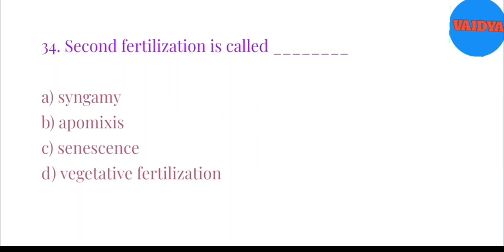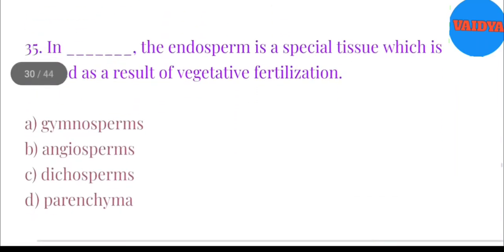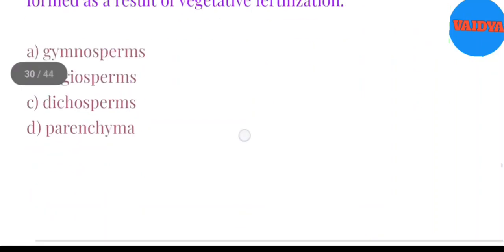C. Senescence. D. Vegetative fertilization. Answer: D. Vegetative fertilization. 36. In dash the endosperm is a special tissue which is formed as a result of vegetative fertilization. A. Gymnosperms. B. Angiosperms. C. Dicotyledons. D. Parenchyma. Answer: B. Angiosperms.